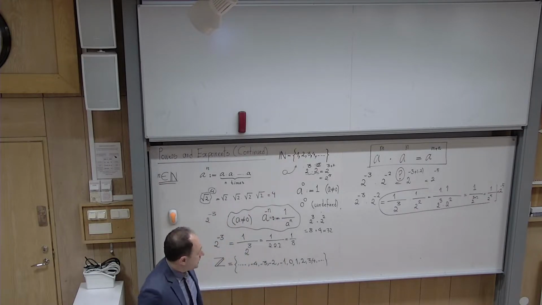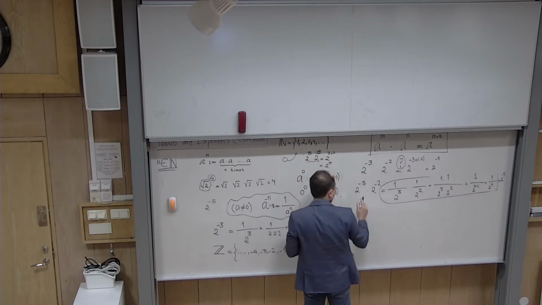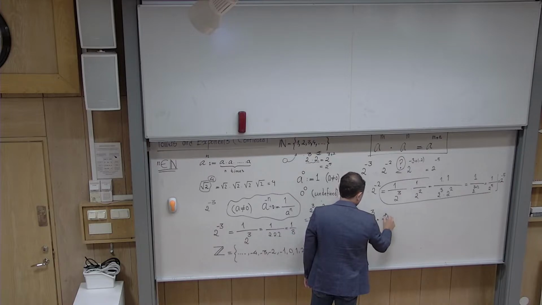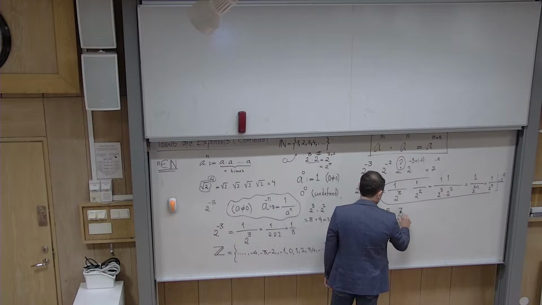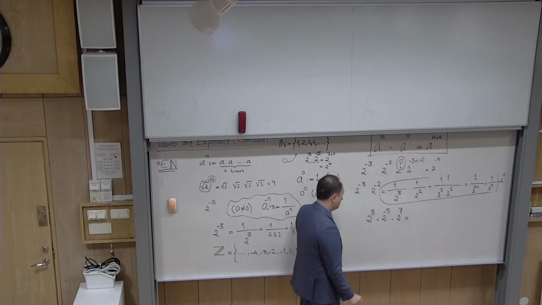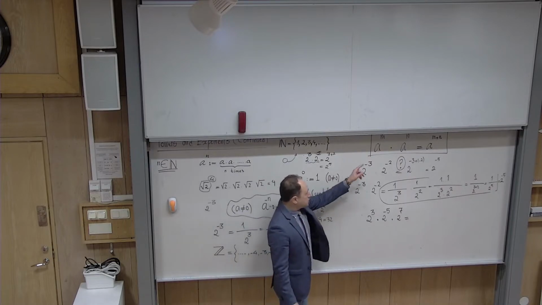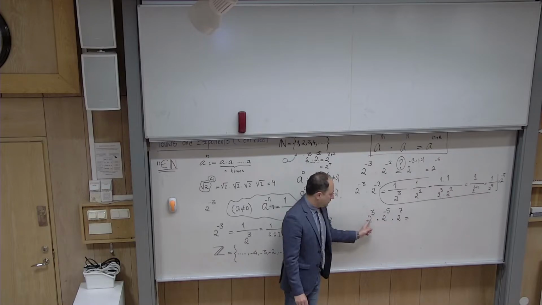Okay, so let me give you some questions here. For example, if I write 2 to the power of 3 multiplied by 2 to the power of minus 5 multiplied by 2 to the power of 7, what can I write here? Can I use this rule? Yes, because I am multiplying powers with the same bases.